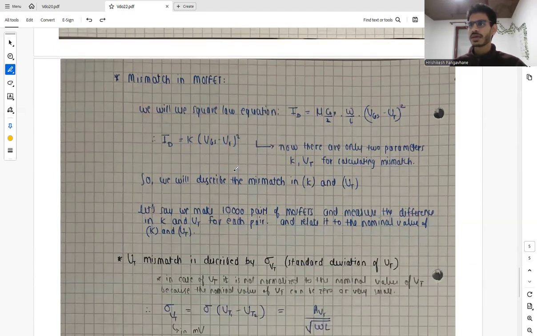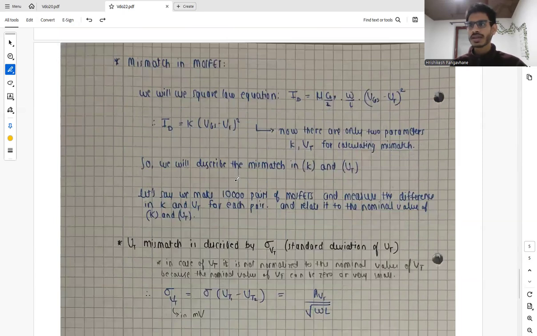Let's say we make 10,000 parts of MOSFETs and measure the difference in K and VT for each pair and relate it to the nominal value of K and the nominal value of VT. So let's talk about the VT mismatch, which is described by sigma VT, the standard deviation in VT.